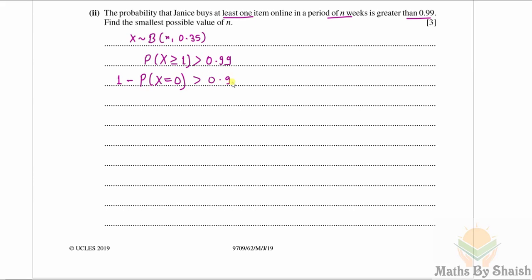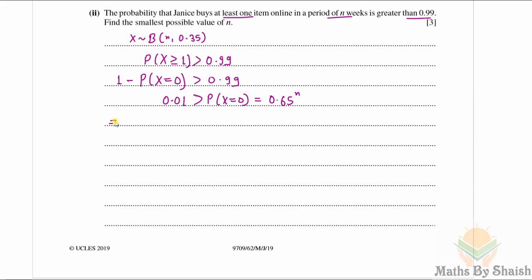It is greater than 0.99, and hence if we transfer, we get probability of x equal to 0 is less than 1 minus 0.99, which is 0.01. And if x is equal to 0, it is going to be nC0, that is 1, success probability 0.35 to the power 0, that is again 1. So we are only left with 0.65 raised to the power n.